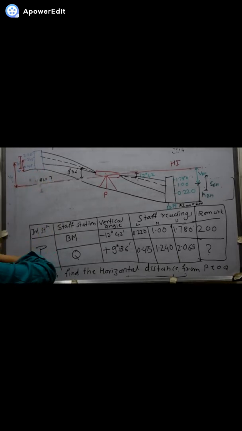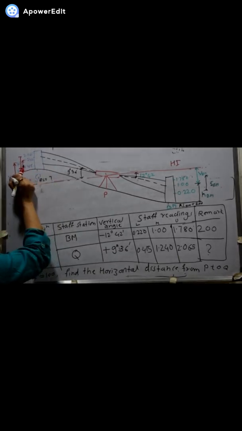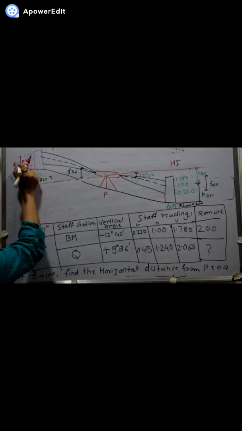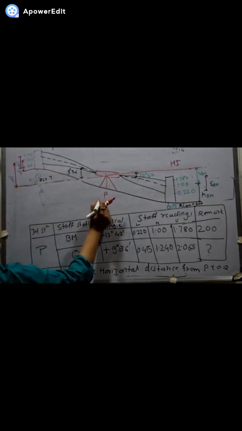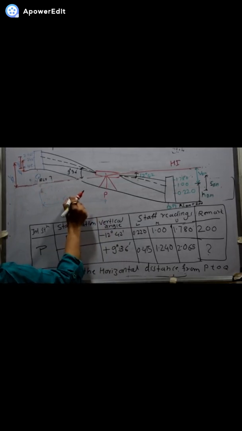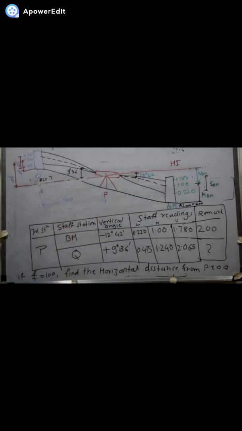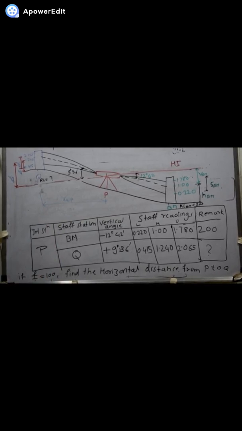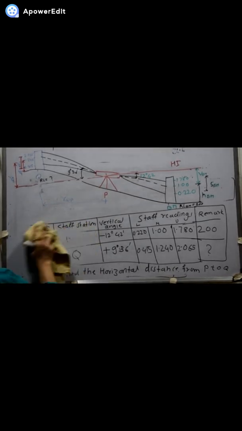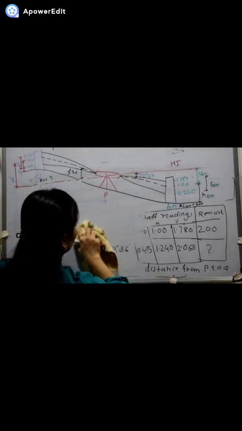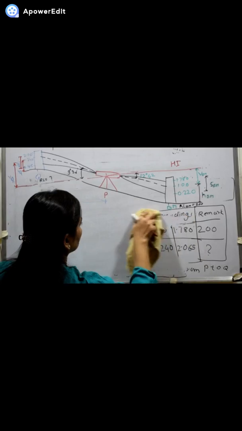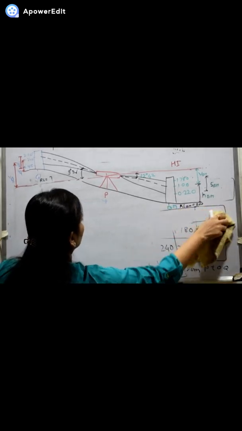So this is Q of P, Q. We have to find the horizontal distance X, Q, P. So this is what they have asked and this is what they have given. With the help of the formula, we will calculate the horizontal distance, vertical distance, and then we will find the reduced level of the point Q.